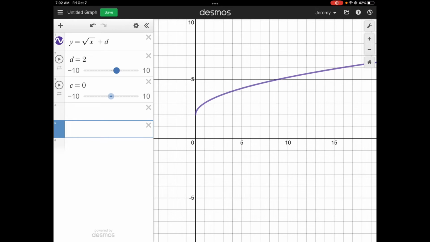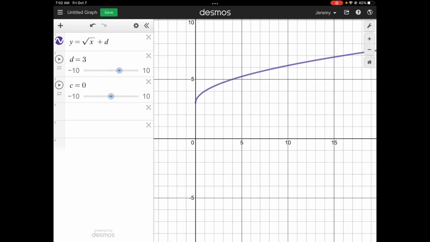Square root of x plus 2. Square root of x plus 3. Notice it's the same shape. Square root of x plus 4, plus 5, plus 6, plus 7, but it's going up. So that's the same shape going up. And then if we go down, this is square root of x minus 1, minus 2, minus 3. Square root of x minus 4, square root of x minus 5. So it's going down when we go negative.